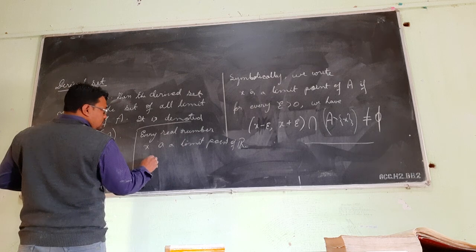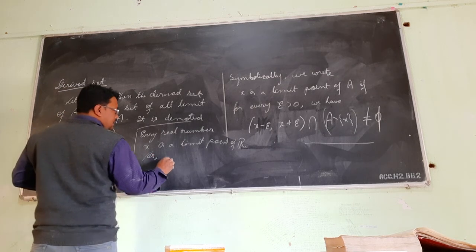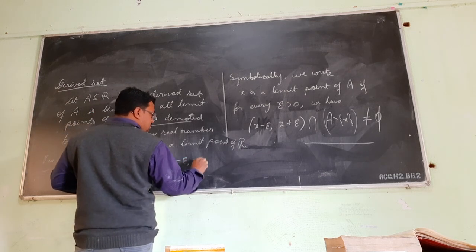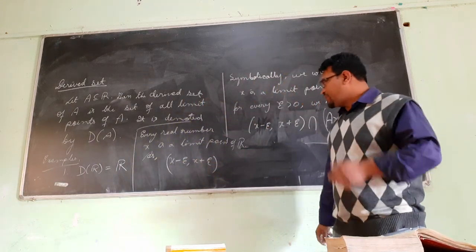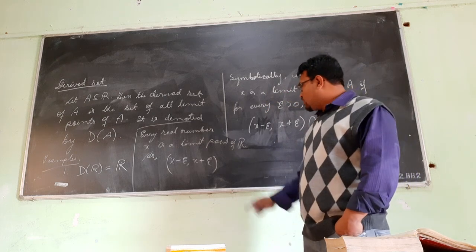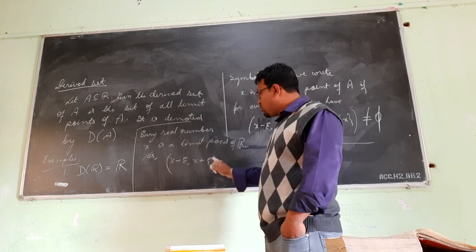Because if you take any open interval (x minus epsilon, x plus epsilon) containing x, any epsilon neighborhood of x, it will always contain points of R different from x.